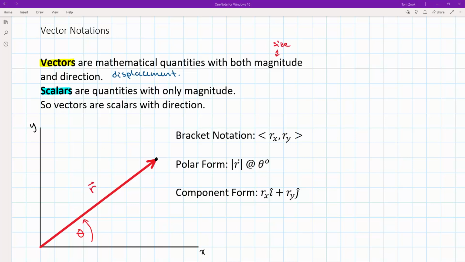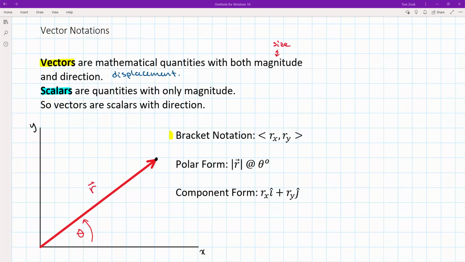First up, which is more mathematical and not used as much in physics, is the bracket notation. Bracket notation takes the components of a vector in 2 different dimensions and puts them in what effectively is like an ordered pair to show you the position of an object. An ordered pair in mathematics usually uses parentheses, and 1, 2 means you go 1 in the X direction, 2 in the Y direction, and that takes you to a point.